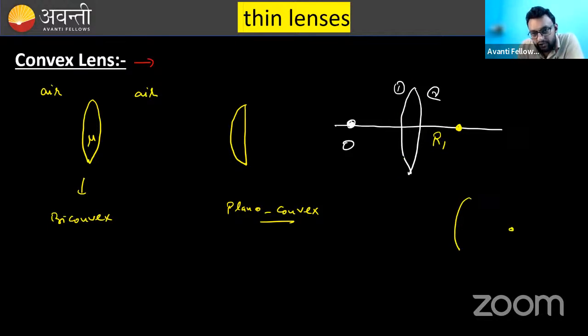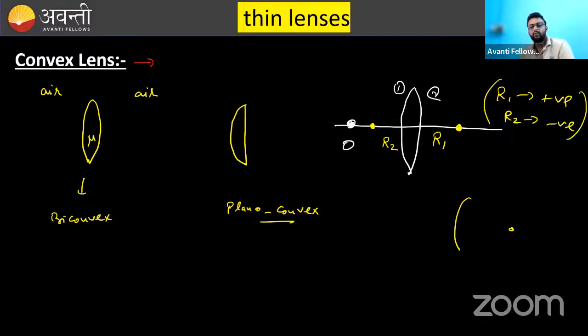And the spherical surface 2 has its center here. This distance is known as R2. Clear? So according to this diagram, R1 is positive and R2 is negative. Can you identify this situation? R1 is positive, R2 is negative.